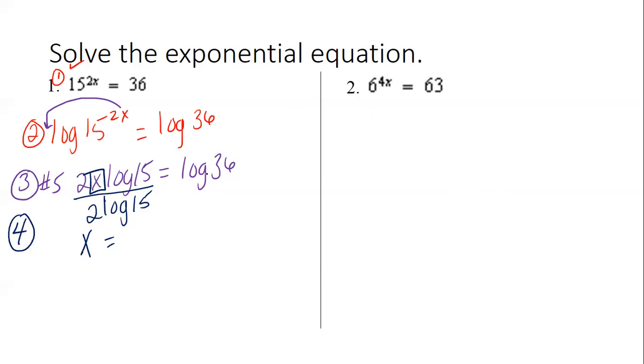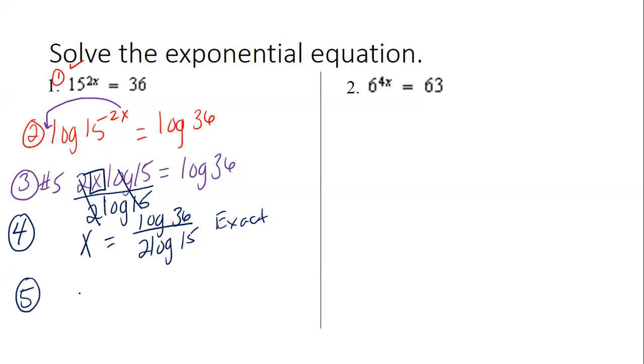But what I do to one side, I have to do to the other. So we have log of 36 divided by 2 log 15. So we moved it to the other side. This is our exact answer. Log 36 divided by 2 log 15 is your exact answer.